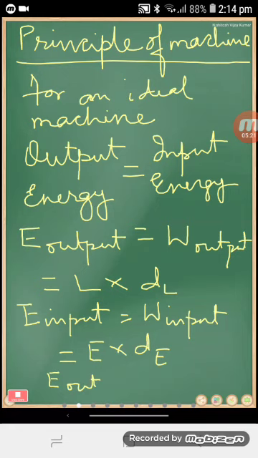output energy can never be greater than the input energy.